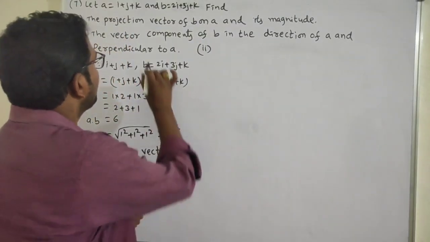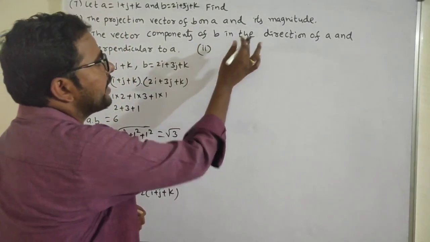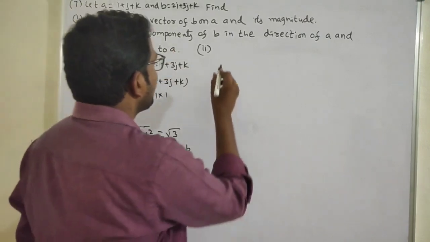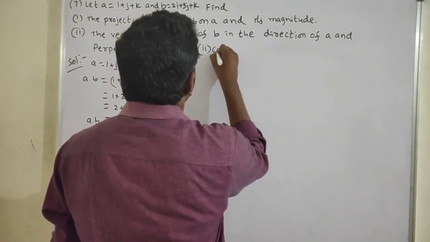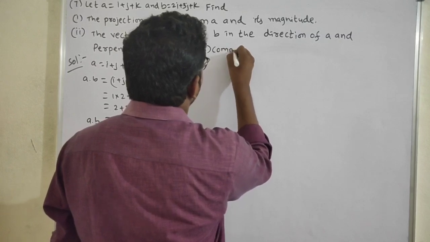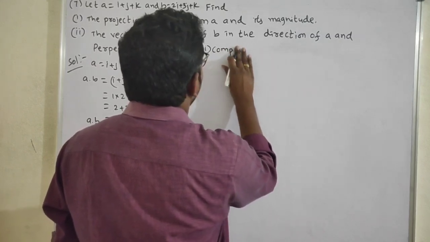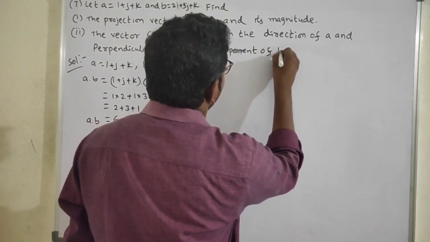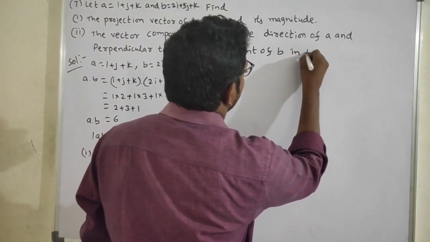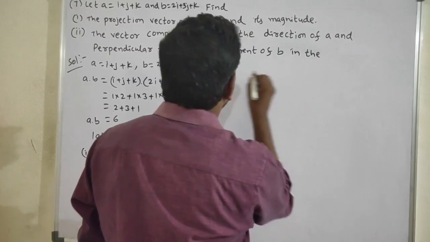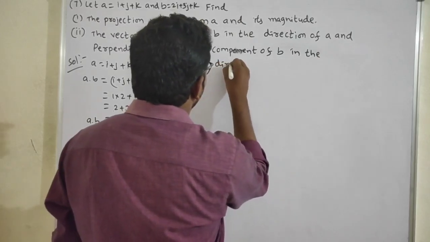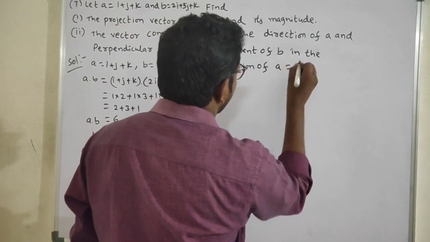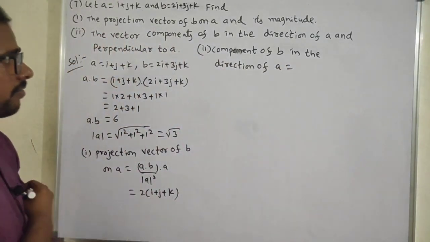Now the second one: the vector components of B in the direction of A and perpendicular to A. We have a formula. The component of B in the direction of A is equals to, what is the formula?